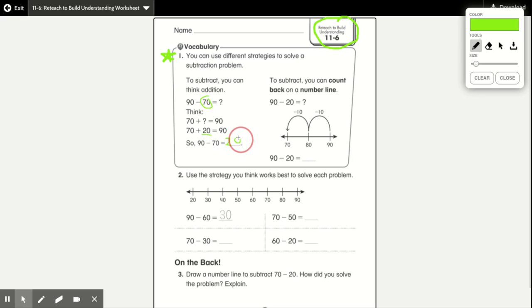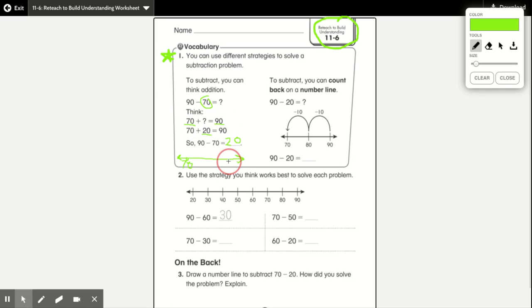And to get that answer, you can use a number line. So I'm going to attempt to draw a number line here. Okay. All right, so since we're starting with 70, we want to start with 70 and we want to get to 90, right?